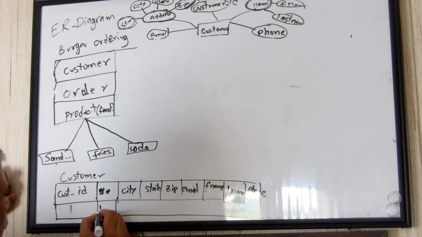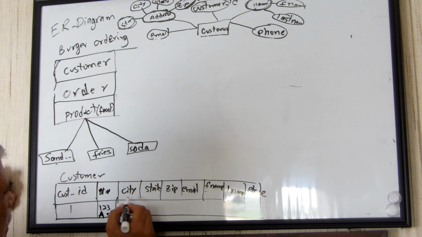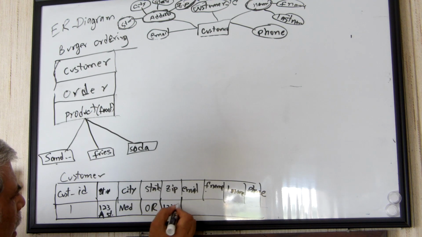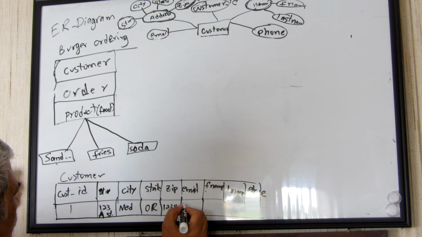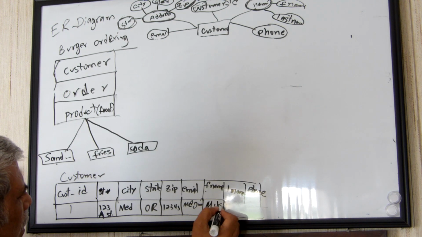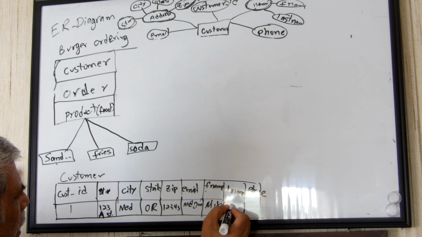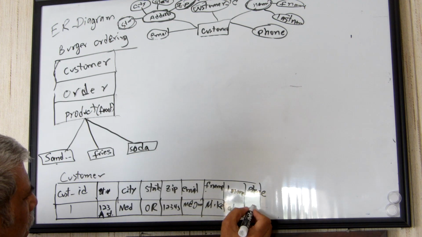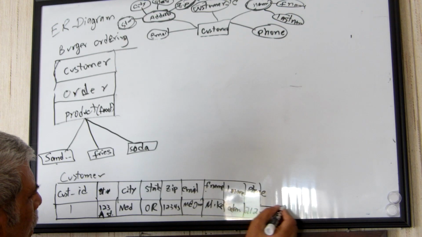Customer ID number 1, street 123 A Street, city Med, state OR, zip 12345, email m@gmail.com, first name Mike, last name Adam, and phone number 212, whatever.